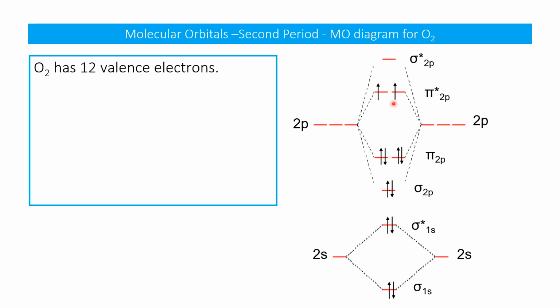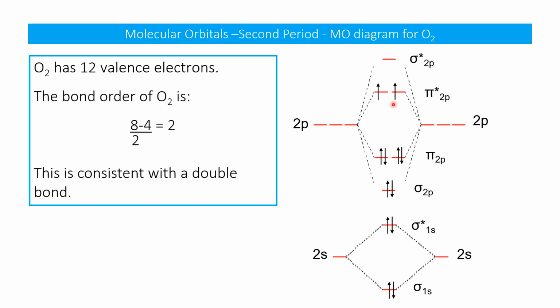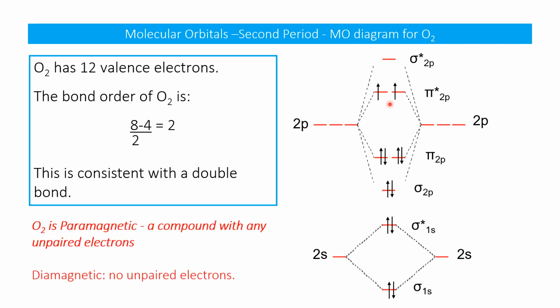If you look at the bond order of dioxygen, it is 8 bonding minus 4 anti-bonding divided by 2. So that gives us a bond order of 2, which explains the oxygen double bond. But the coup de grace for molecular orbital treatise came about with this idea, because the normal Lewis structure of dioxygen does not show paramagnetism.